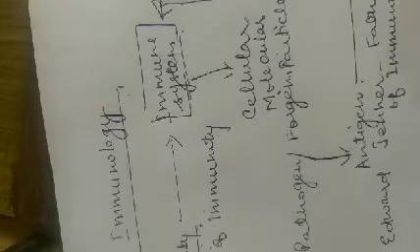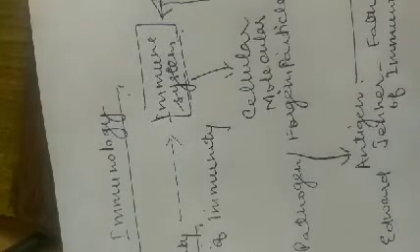So now we come to immunity and its types. By now you have understood what immunity is. Immunity means resistance shown by the host, meaning our body, towards certain injury caused by microorganisms, which I said could be pathogens or their products, foreign particles.